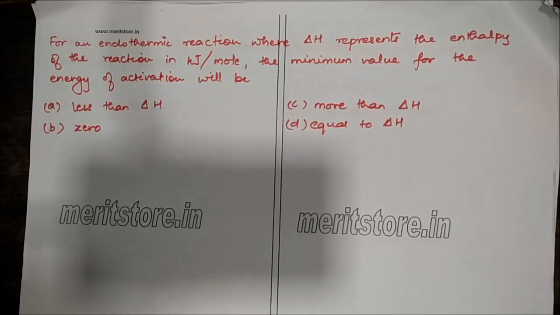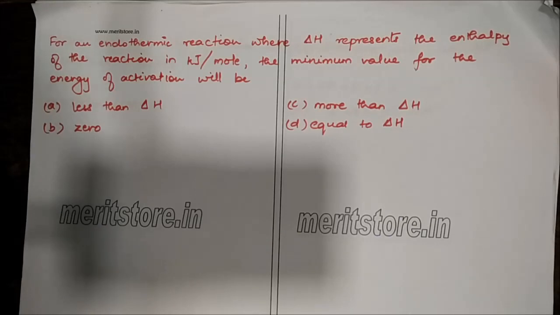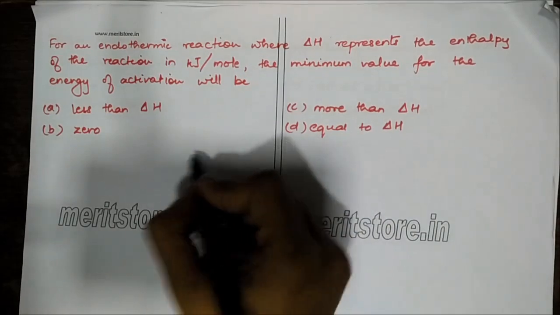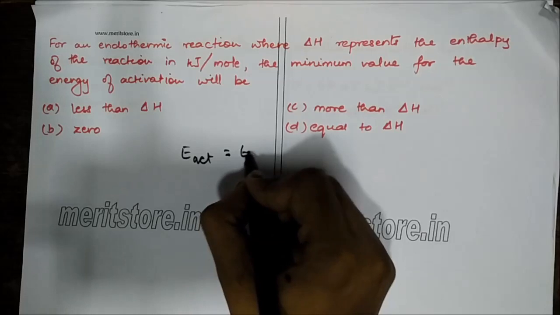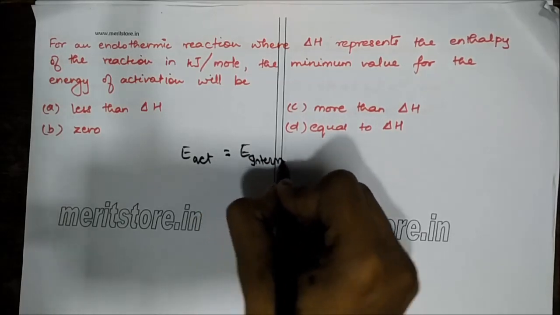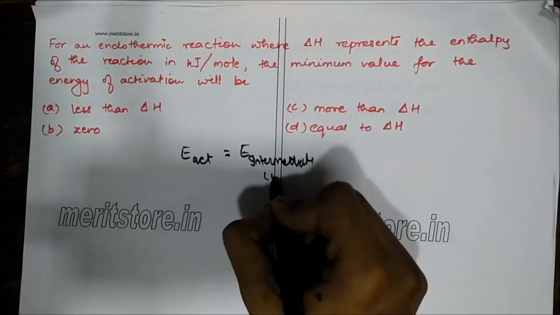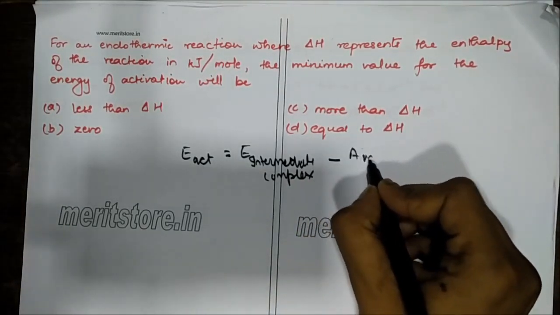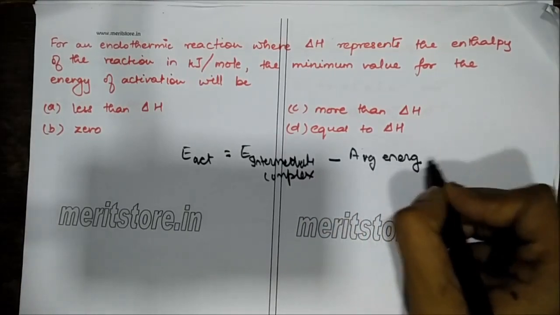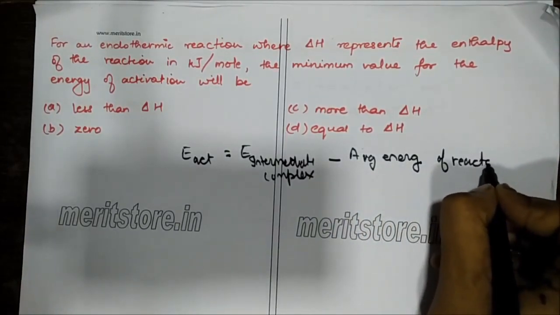Next, for an endothermic reaction where delta H represents the enthalpy of the reaction in kilojoules per mole, the minimum value for the energy of activation will be. Let's understand that energy of activation is equal to energy of the intermediate complex minus average energy of reactants.